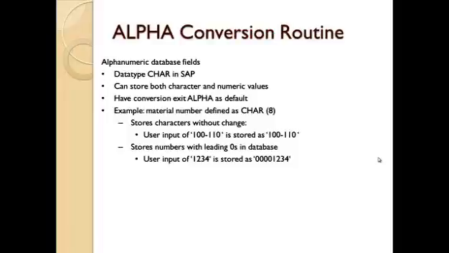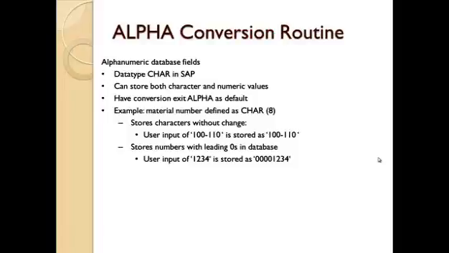Okay, so the conversion routine actually works both ways. You will do the conversion from user input to internal format used in the database, and vice versa. Okay, so when SAP displays a document number or a custom number, whatever, it will not display all the leading zeros in front of it.